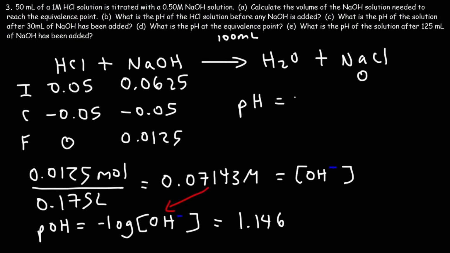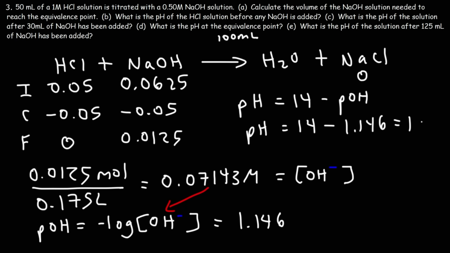The pH is 14 minus the pOH. So it's 14 minus 1.146. And we can round this answer to 12.85. So that's the pH of the solution after 125 milliliters of sodium hydroxide has been added.